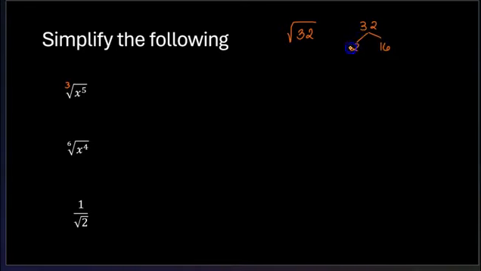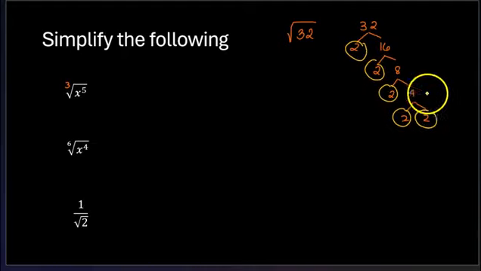So you divide this by 2, and you keep on doing this until you end up with all prime numbers. The ones that you will be getting here are the factors. So that means 32 can be written as 2 raised to 5.